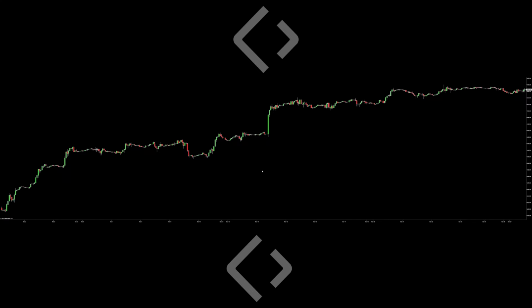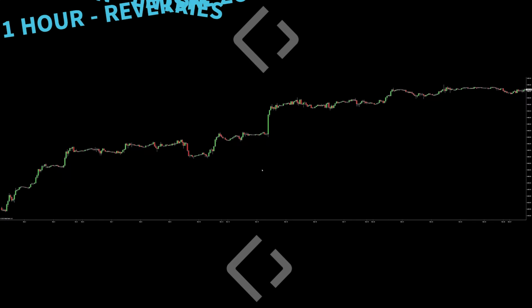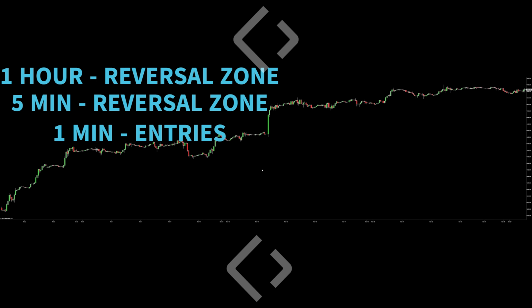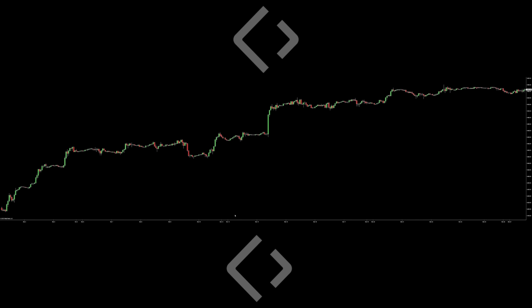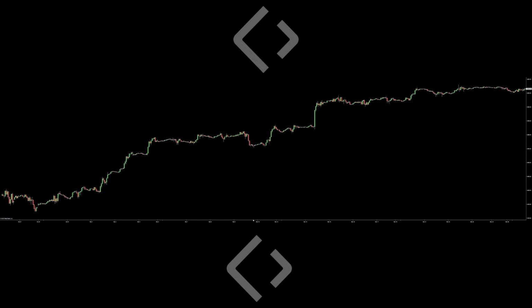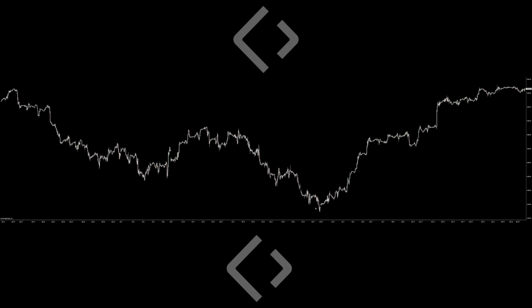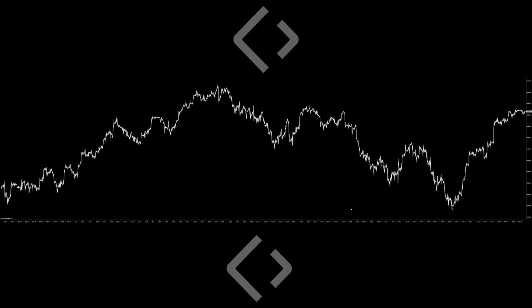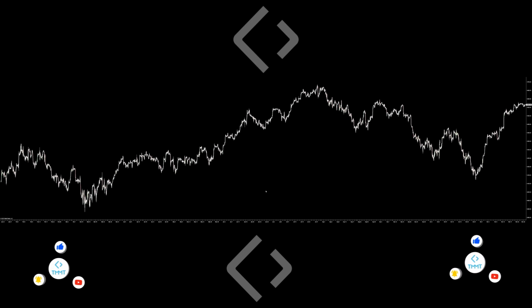A lot of traders may use a daily, which is good, 4 hour, which is good as well. The higher the time frame, the stronger the reversal zone is going to be. But since I most of the time scalp, you're going to see that with the 1 hour it works really, really well. So if we see here, I have a big screen, so you could sort of see the trend.